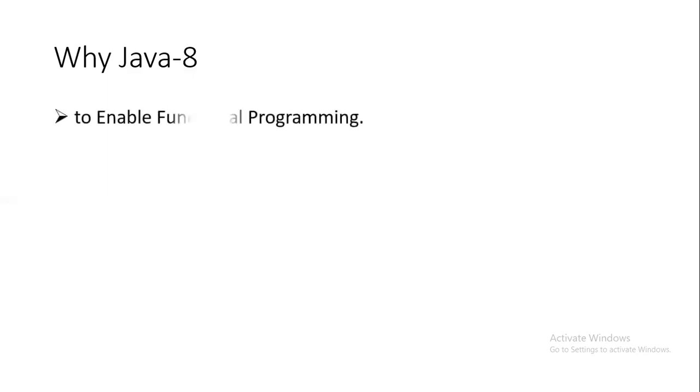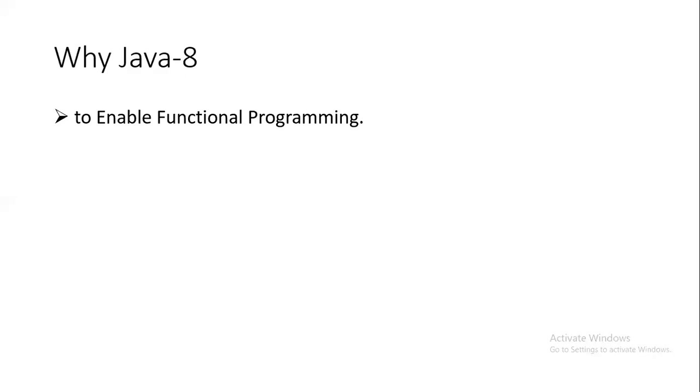So the first point is, by using Java 8 we can enable functional programming. What do we mean by functional programming? It means the combination of lambda expressions and functional interfaces. By combining both of them, we can enable functional programming.